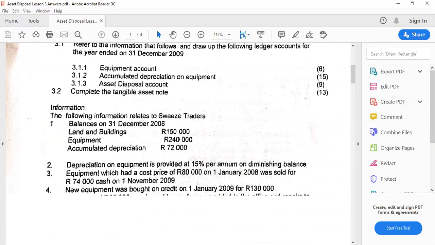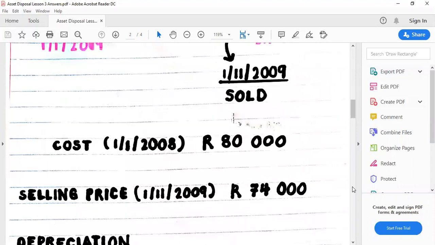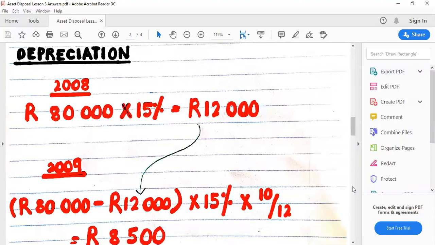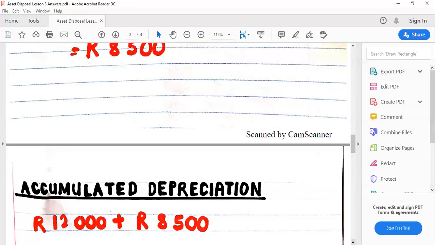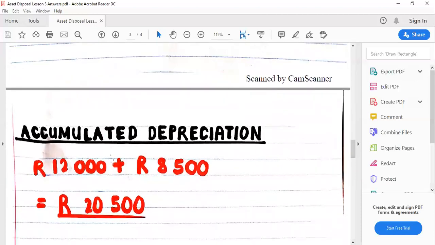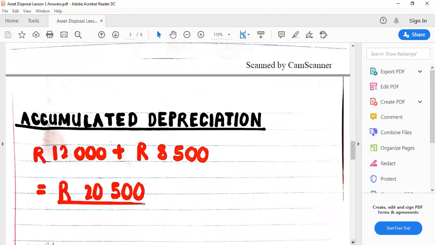Okay, what is the accumulated depreciation? We worked that out just now. The accumulated depreciation is 20,500. So our carrying value is going to be the 80,000 Rand cost less the 20,500 Rand accumulated depreciation.